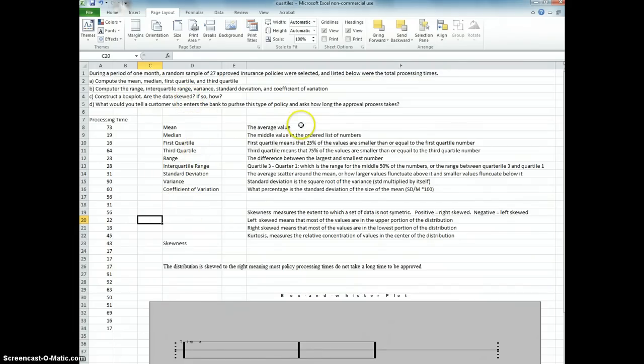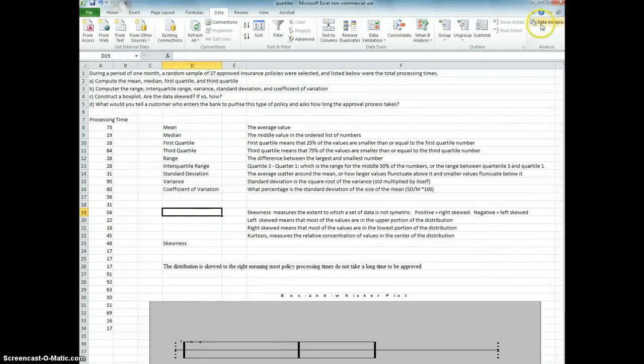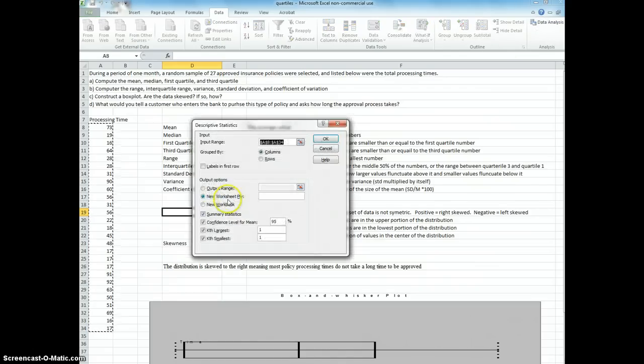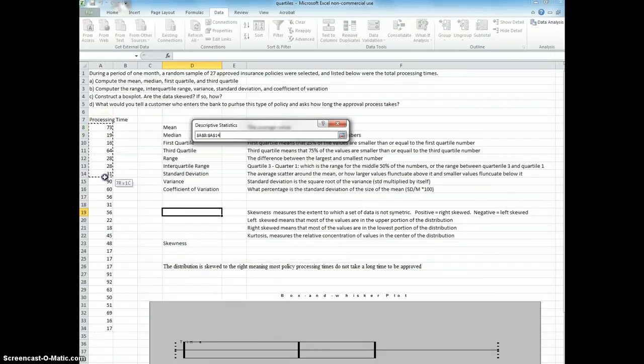First thing we're going to do is run Excel's descriptive statistics function, which is going to give us the answer to a few of these. So we're going to click Data, Data Analysis, Descriptive Statistics. We're going to select our data.